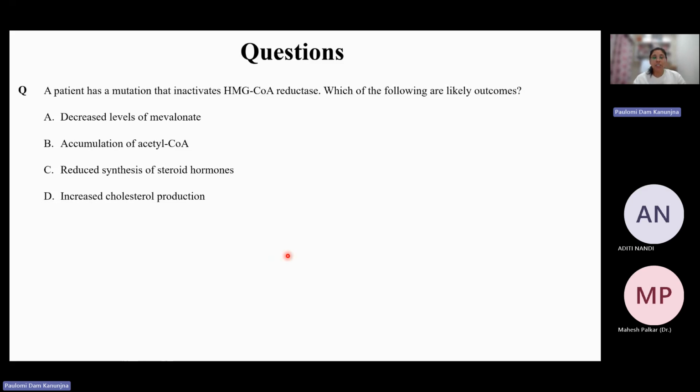Okay, next one. A patient has a mutation that inactivates the reductase enzyme. So which are the likely outcomes? ABC. Okay.